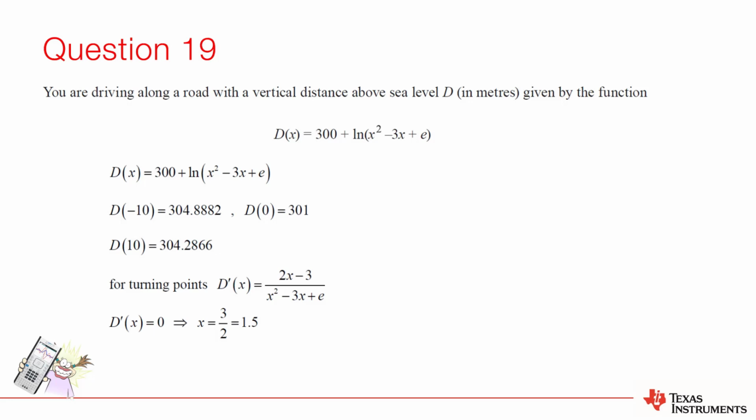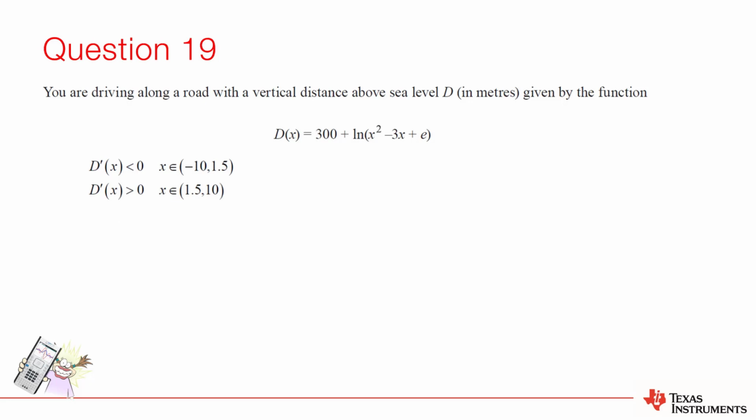In other words, the gradient function is negative between -10 and 1.5, and it's positive between 1.5 and 10. Okay, so that means you're driving downhill between -10 and 1.5. And then you're going uphill between 1.5 and 10, because that's where my turning point was at 1.5.